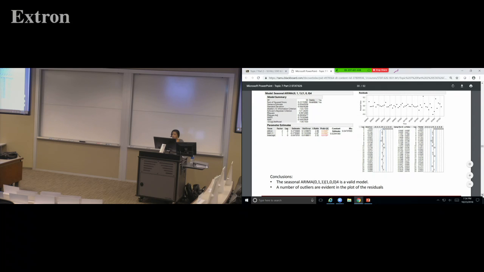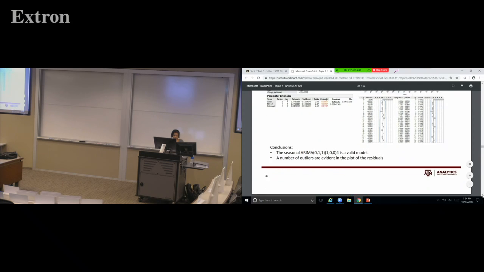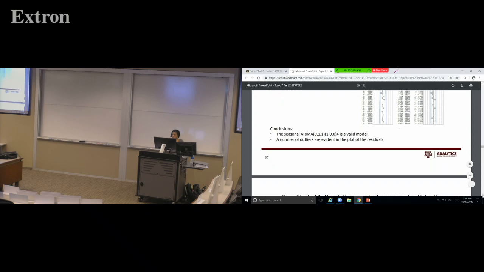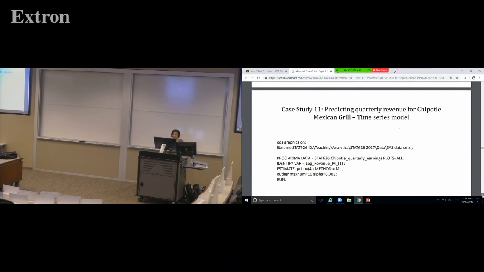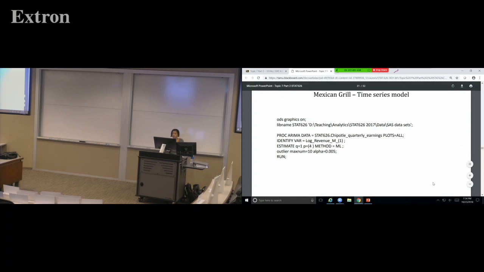So once we've come up with an idea for the time series model, let's take a look at it in SAS to see if we can locate any possible outliers. So applying the time series model to the log of the revenue difference data.